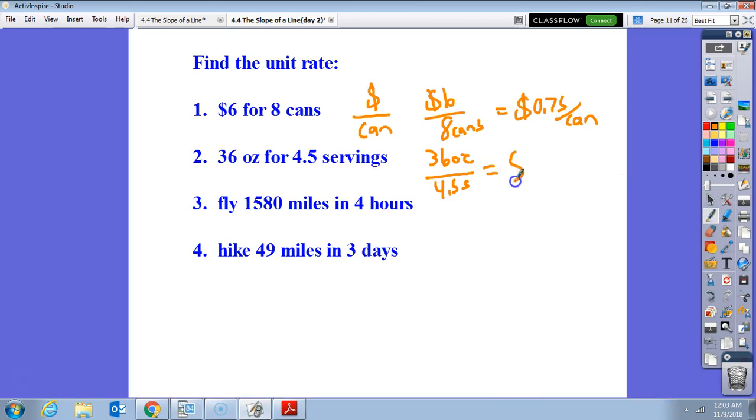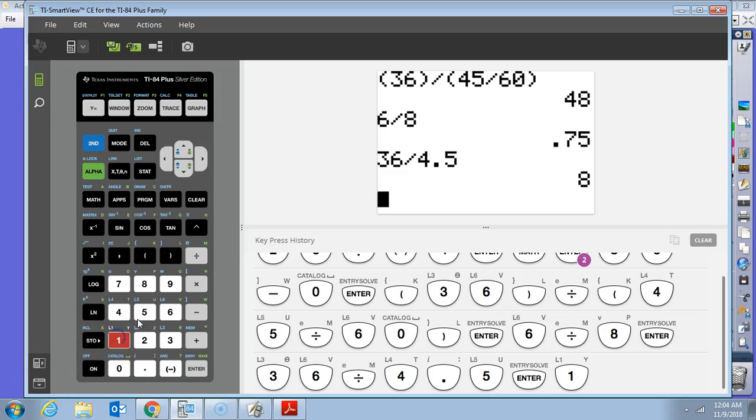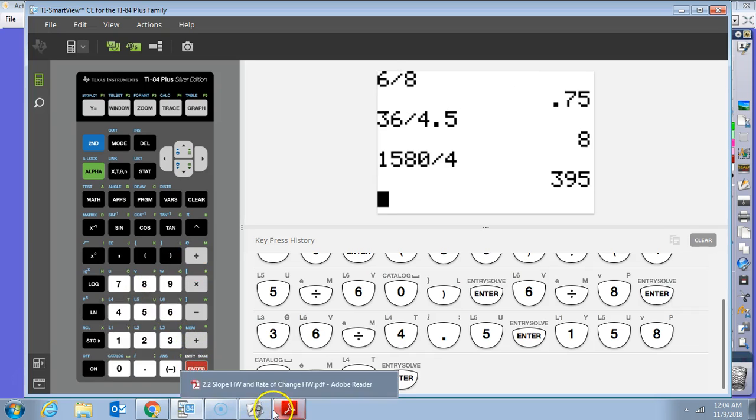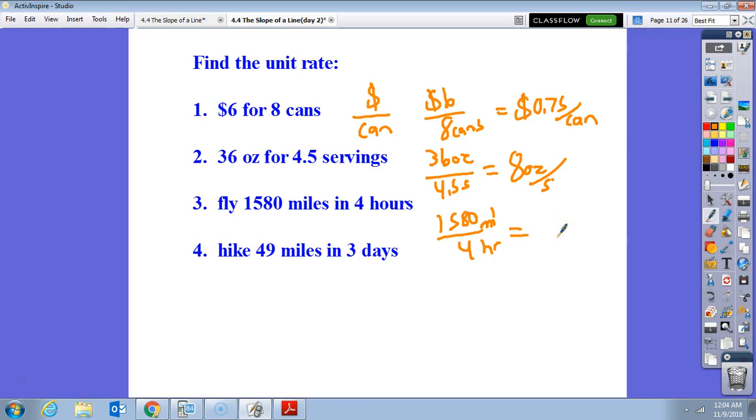So it is 8 ounces per serving. Miles and hours. 1,580 miles in 4 hours. You would end up with 1,580 divided by 4 in your calculator. 395 miles per hour.